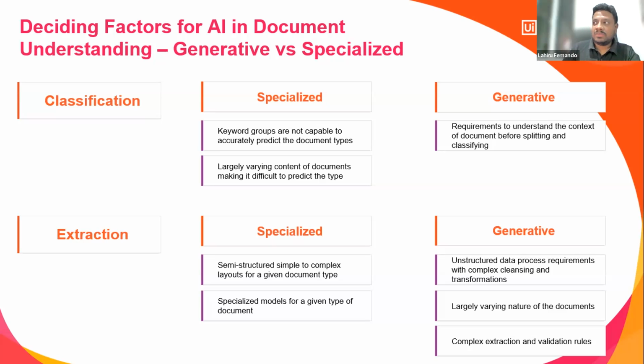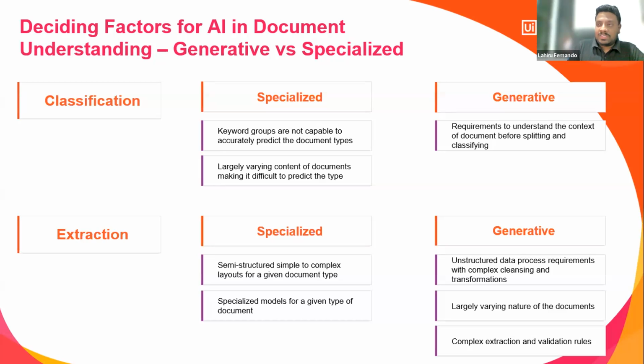These are mainly used depending on the different requirements, for example if the content is varying too often, and you can decide which one to go with. Generative capabilities are also there. If you have a lot of unstructured information and you cannot really train a model, in those cases you can use the generative capabilities because it understands the language and the context, and you can use that to figure out what kind of document that is.